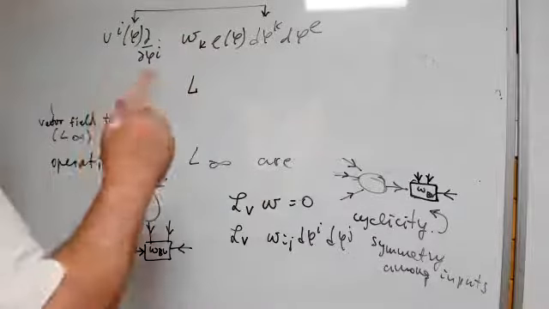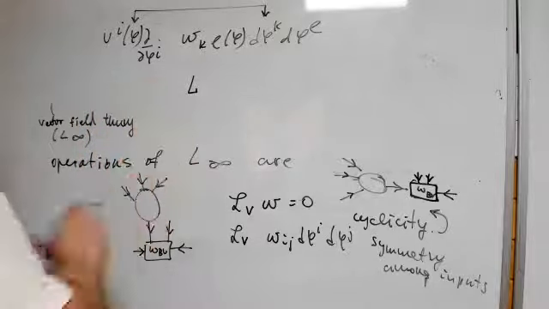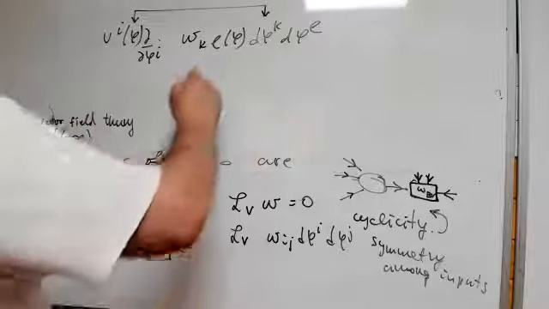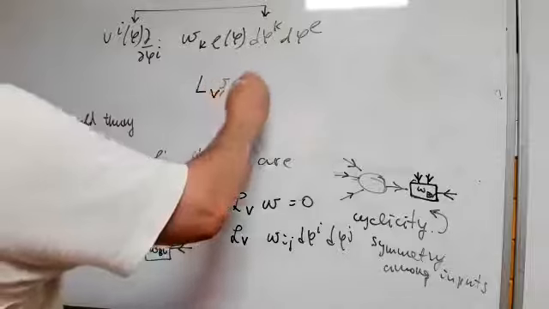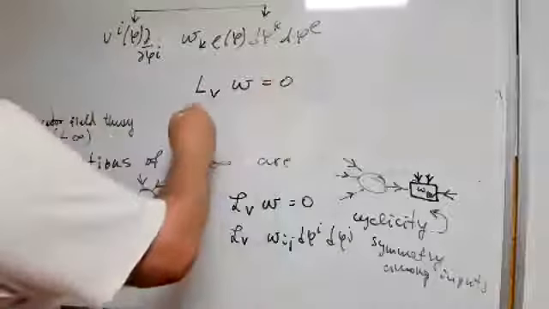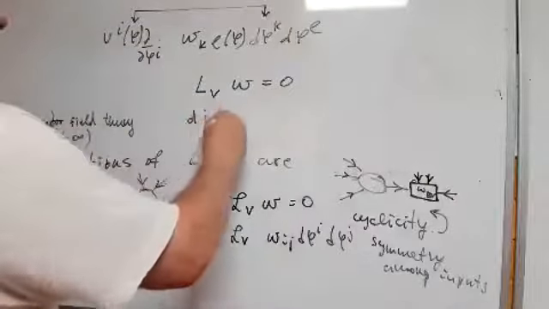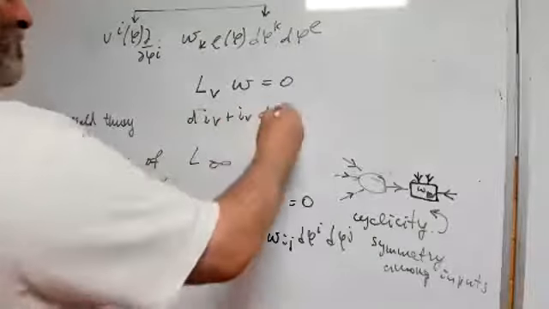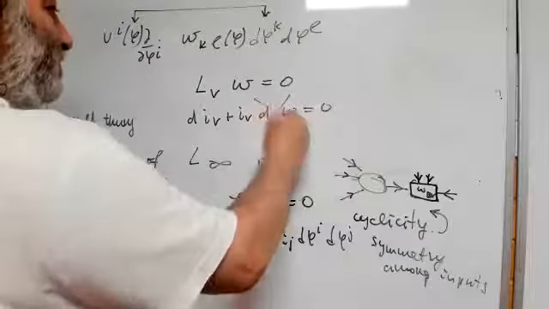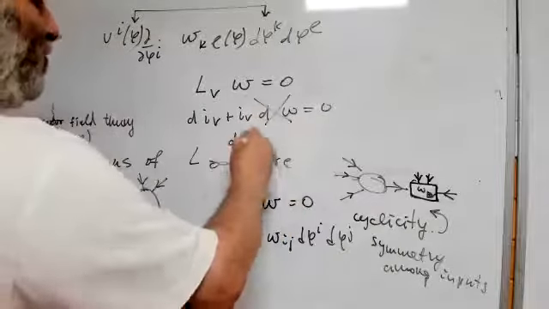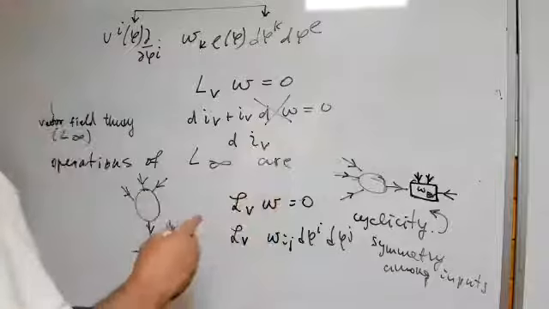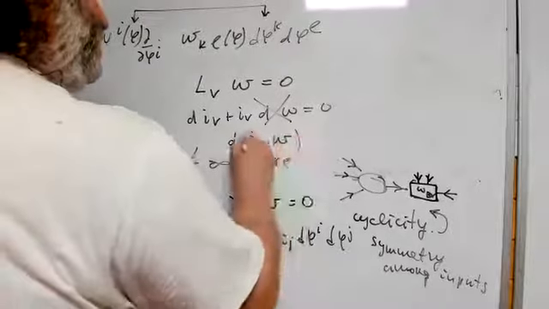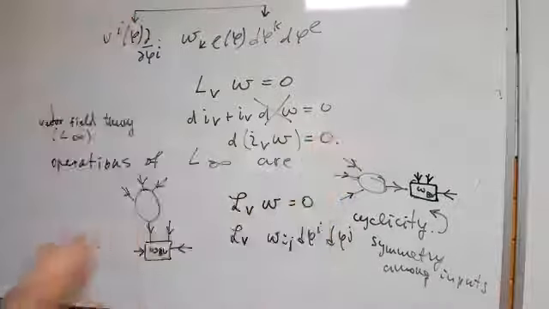Maybe I'm wrong, but let us get it right. So we are looking for this equation. Yes, Cartan's lemma: I_V d plus d I_V, and the second term vanishes. So we have d I_V omega equals 0.